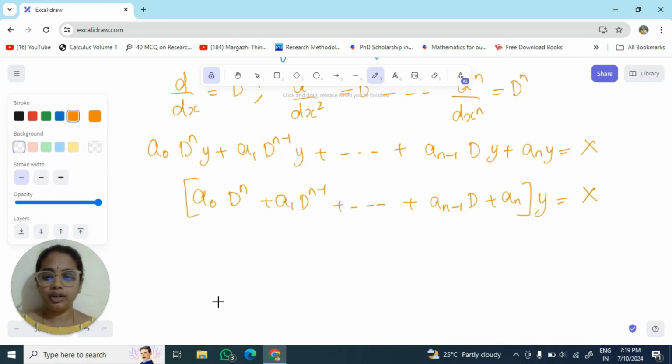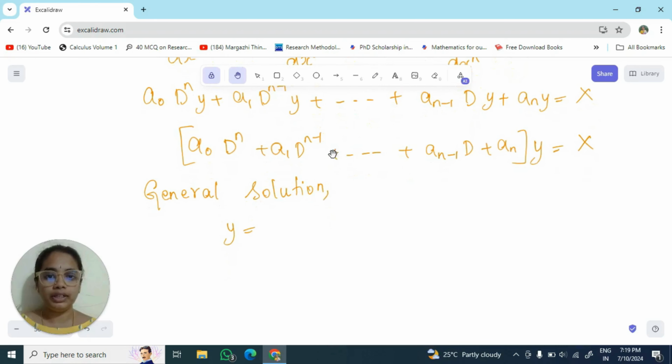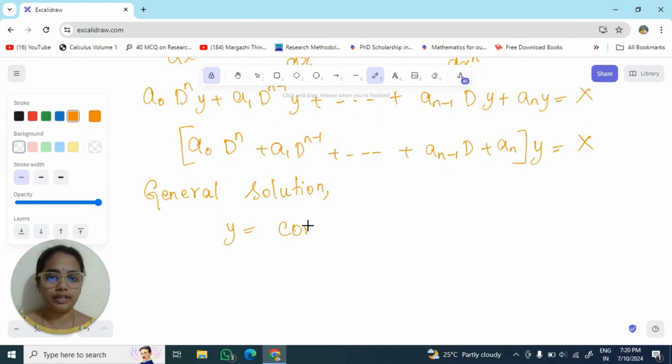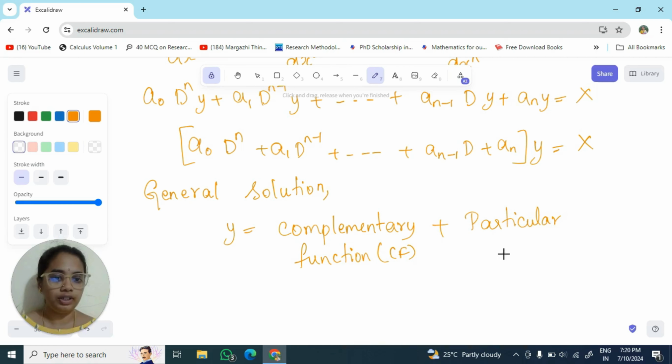So what are we trying to learn over here? We are trying to learn how to find the general solution of this equation. The general solution of this equation, that is y, is always equal to the complementary function, which we shortly call CF, plus the particular integral, that is PI.